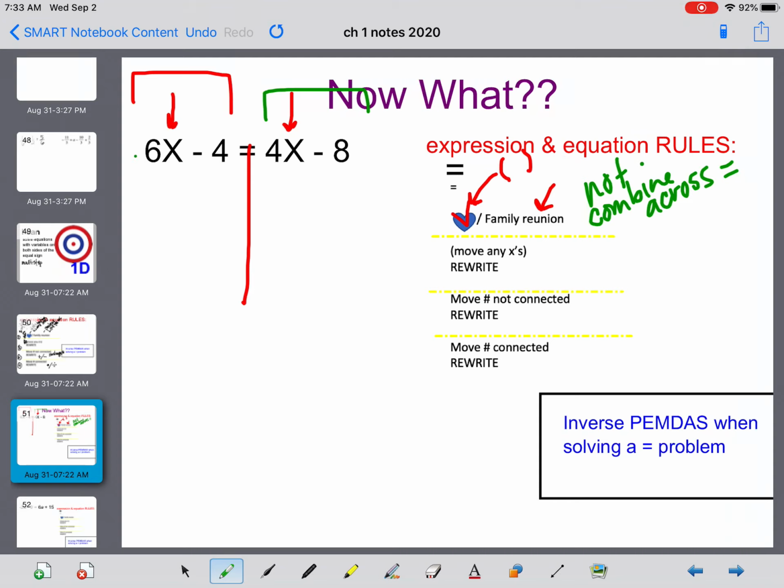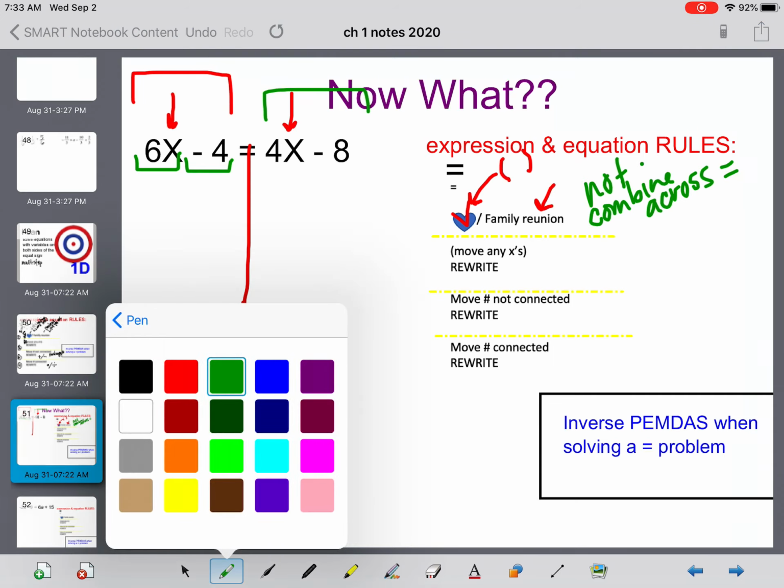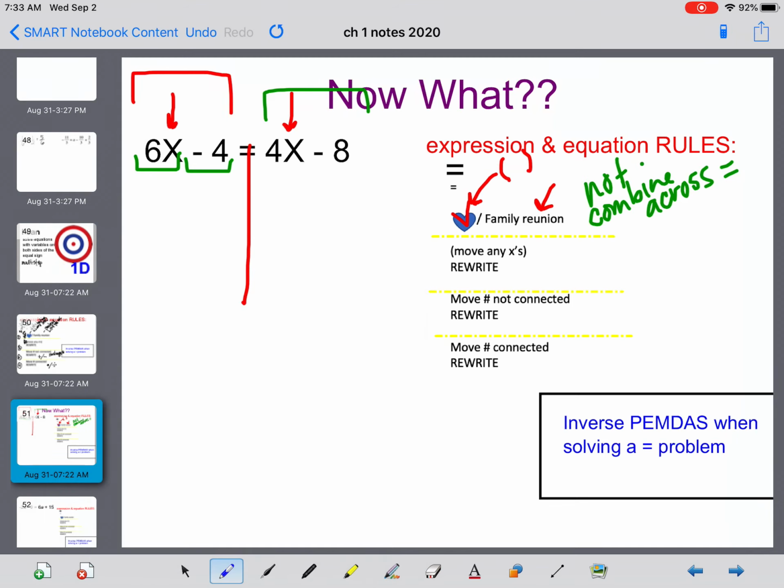But I'm just looking. On this one, I can see over here on this side, I have a 6x. There's my first term. And I have a -4. Those can't be combined because they don't have the same last name. They don't have the same variable, right? And then over on the right-hand side, I have a 4x as my first term, and I have a -8 as my second term.